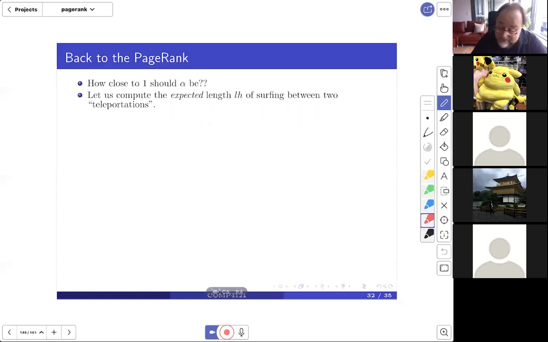The closer alpha is to 1, the slower the algorithm converges, right? But notice alpha is probability to follow links. So if alpha is not very close to 1, any surfing session will be short.